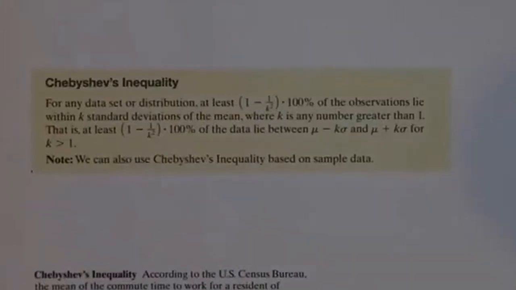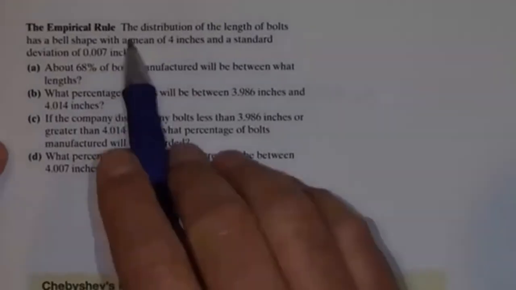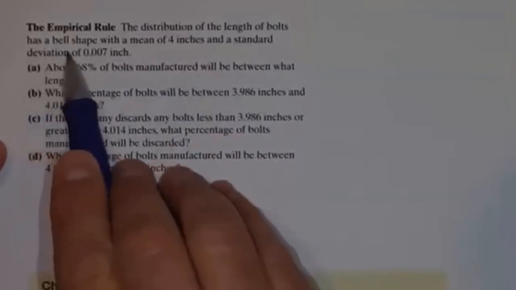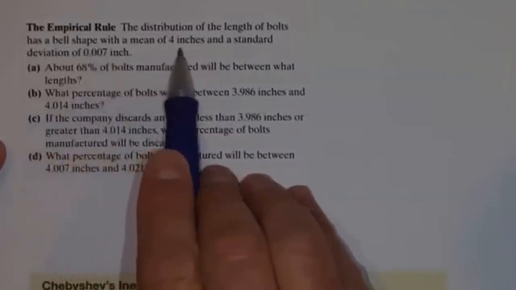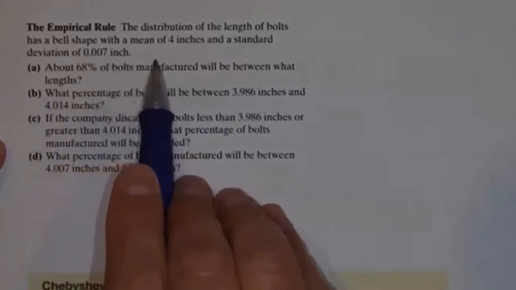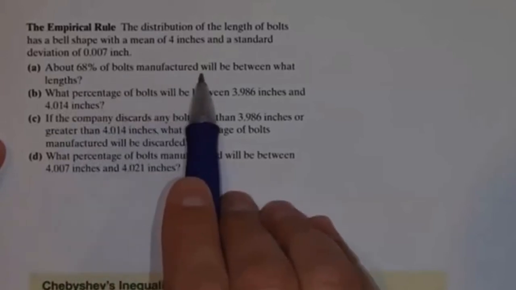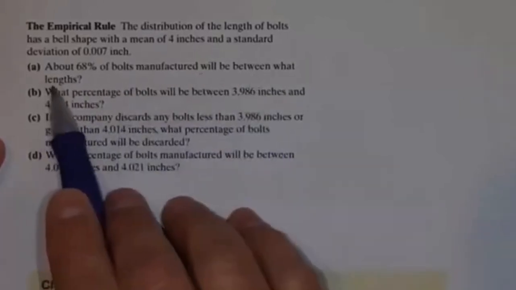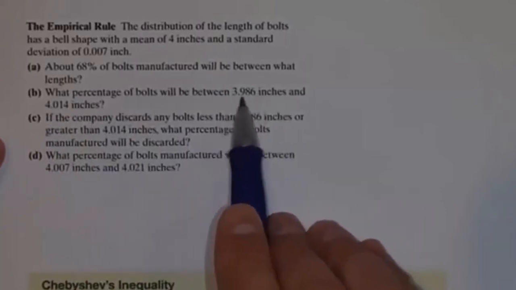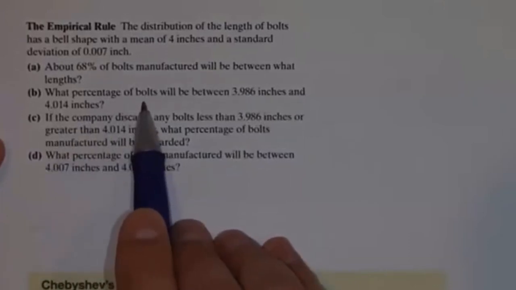Quick example, using the empirical rule. The distribution of the length of bolts has a bell shape with a mean of 4 inches and a standard deviation of 0.007 inches. A: About 68% of bolts manufactured will be between what lengths? B: What percentage of bolts will be between 3.986 inches and 4.014 inches?